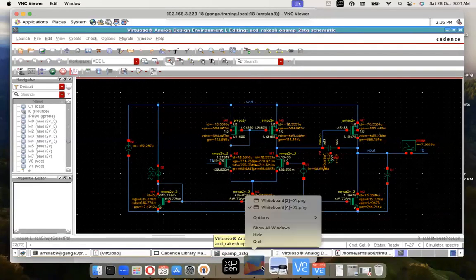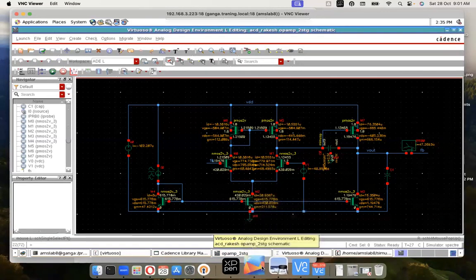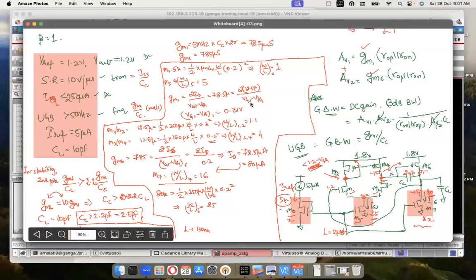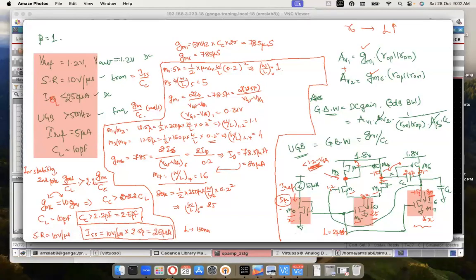Just look at the GMs of the transistors. Now, we had calculated a couple of GMs. One is the GM of the input transistor, which is 78.5, and the GM of the output driver, which is 785 micro. Do we have the values? Because the values of GM1 and GM6 affect our pole positions a lot.